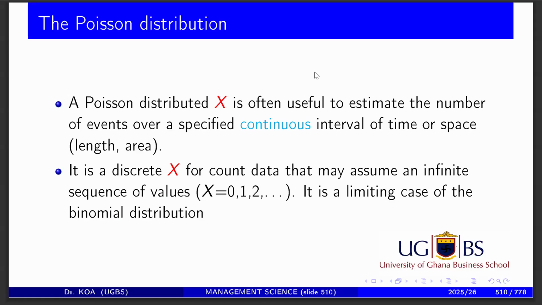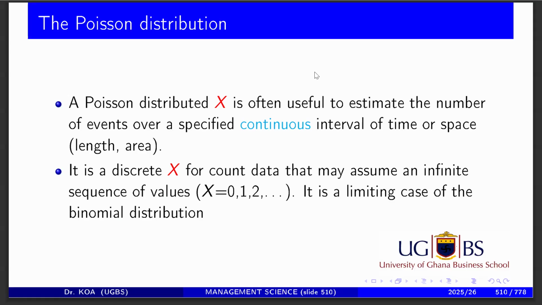See, the thing about binomial versus Poisson is that Poisson looks at the average or the mean of something over a time, over a space, over an area, or over an interval.